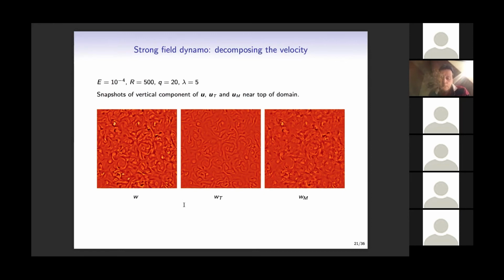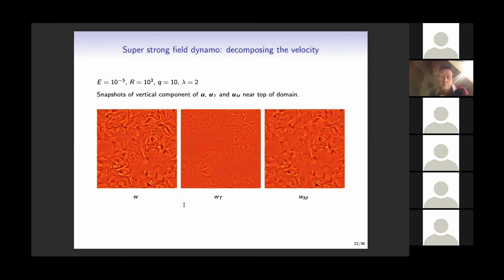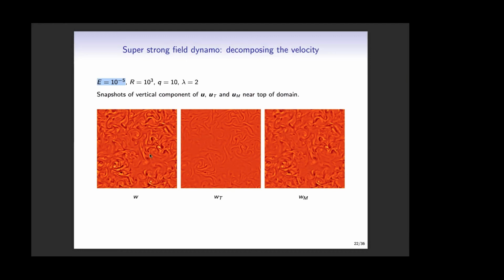Okay. Here's an example of what we would call a super strong field dynamo. So this is at a smaller Ekman number again, so this is yet more rotationally constrained. And now you can see that the full velocity is almost all magnetic. So this is an interesting sort of dynamo, right?